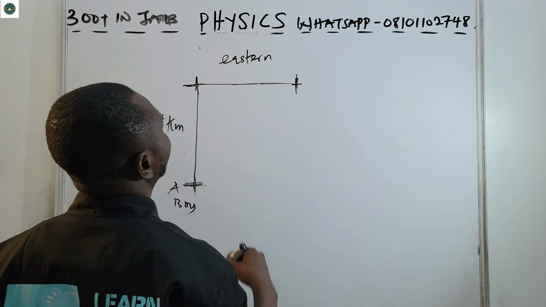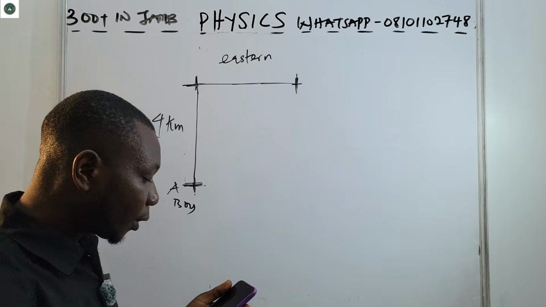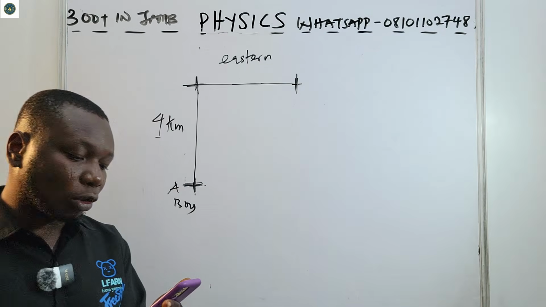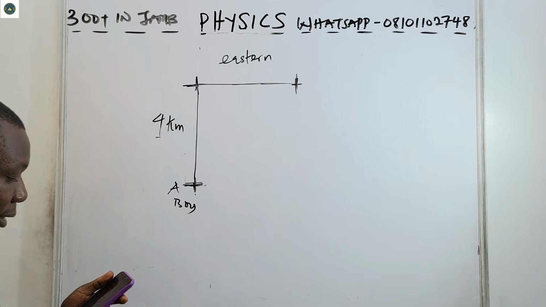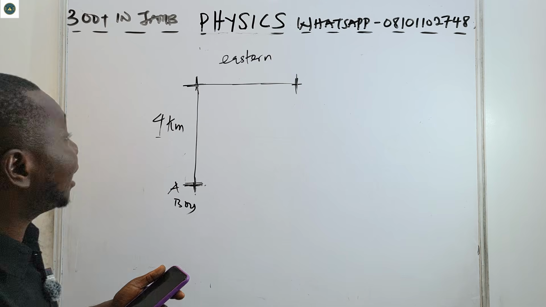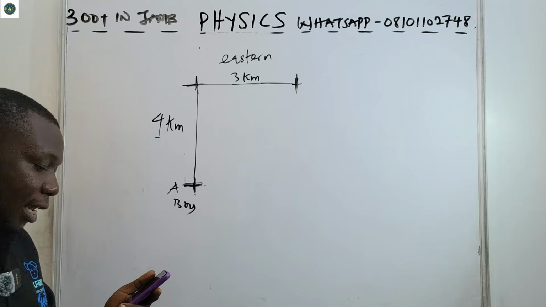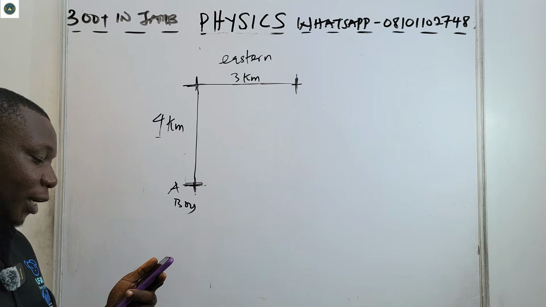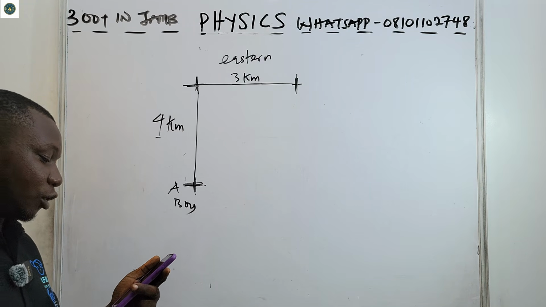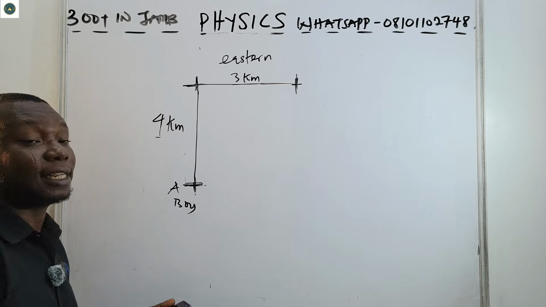Now, if the distance he covered in the northern direction is 4 kilometers and in the eastern direction is 3 kilometers, the question says, determine the magnitude of his resultant and his direction.